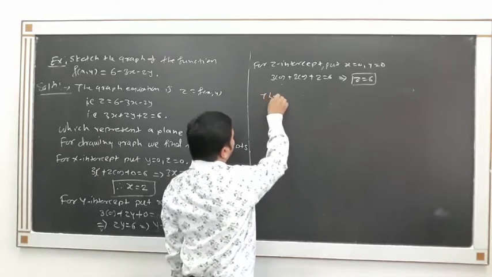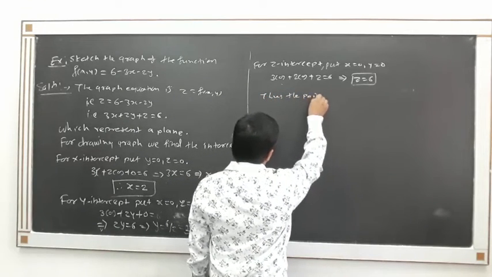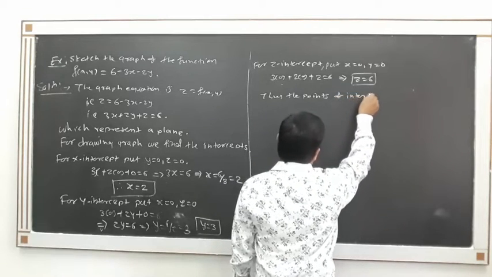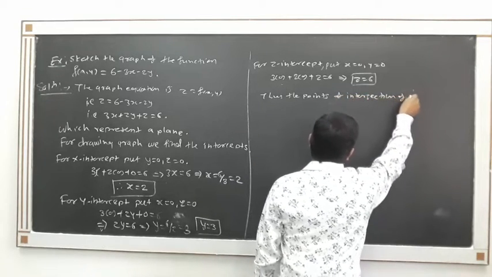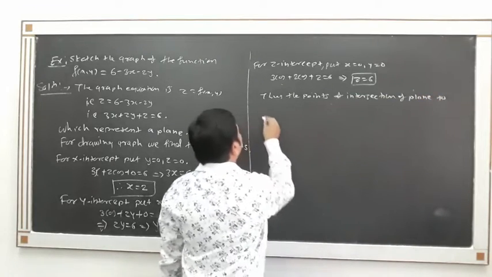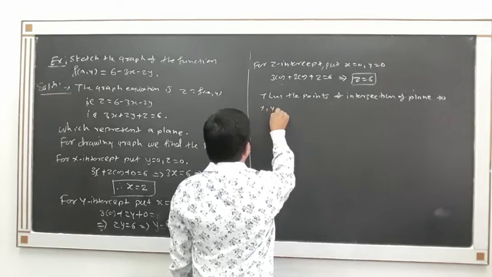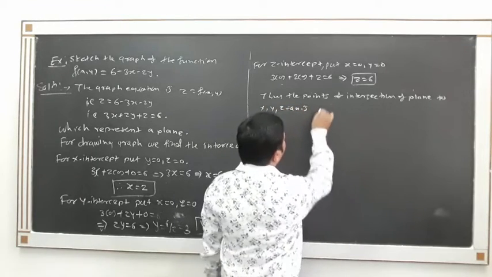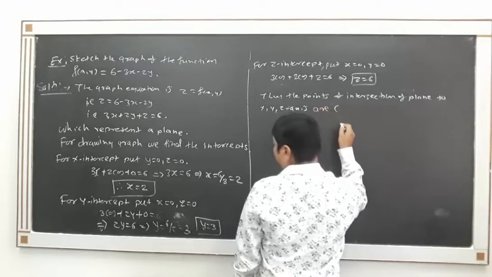Therefore, what can we write? Thus the points of intersection of the plane to the x, y, z axes are, so what can we write?